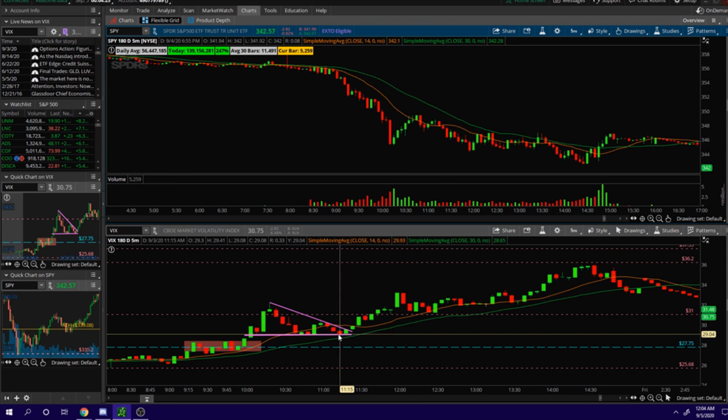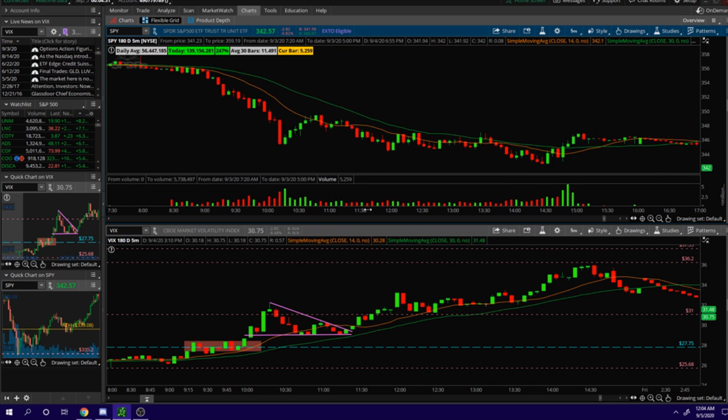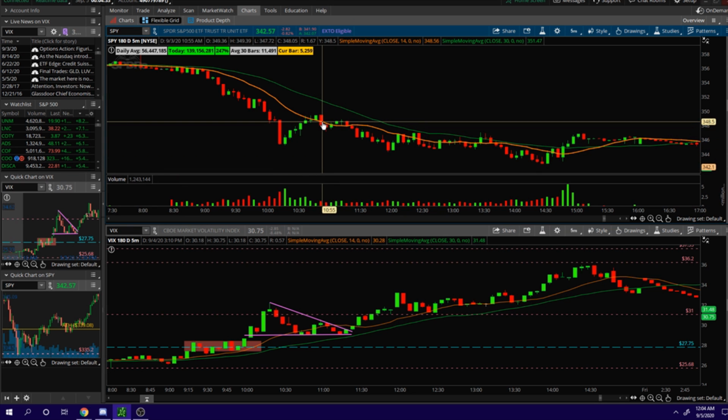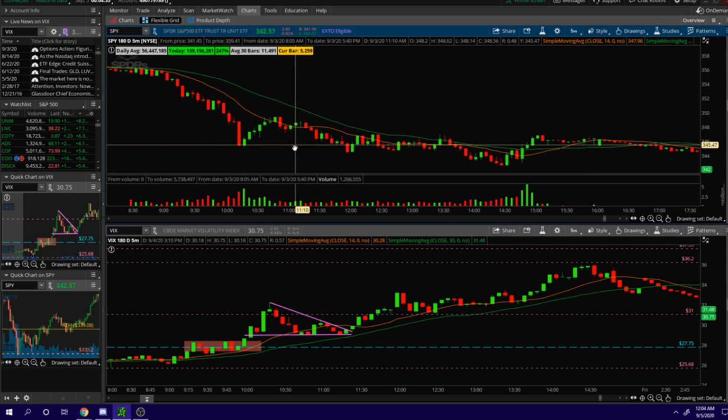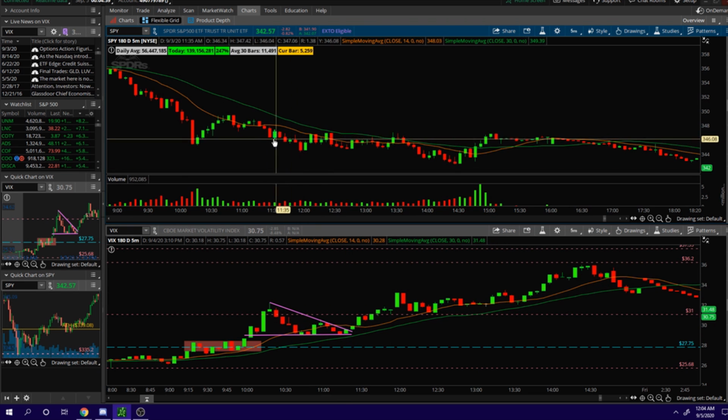After this descending triangle breaks on the VIX, what happens? So at 11:20, let's see, we'll move the price action. At 11:20, the descending triangle on the VIX starts to break, and at 11:20, the SPY, what happens?